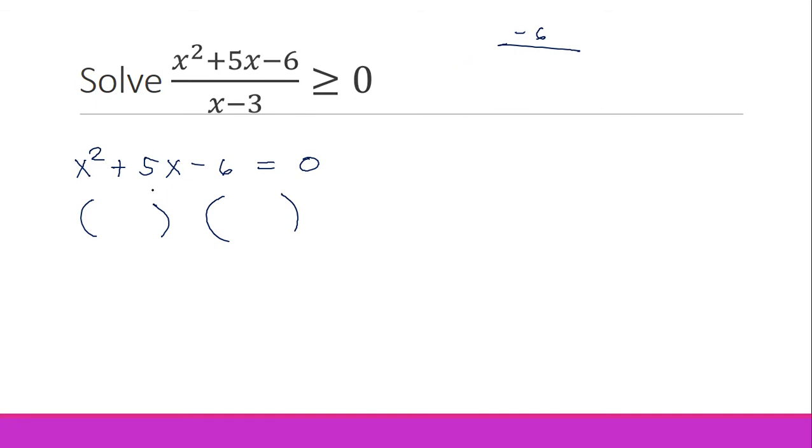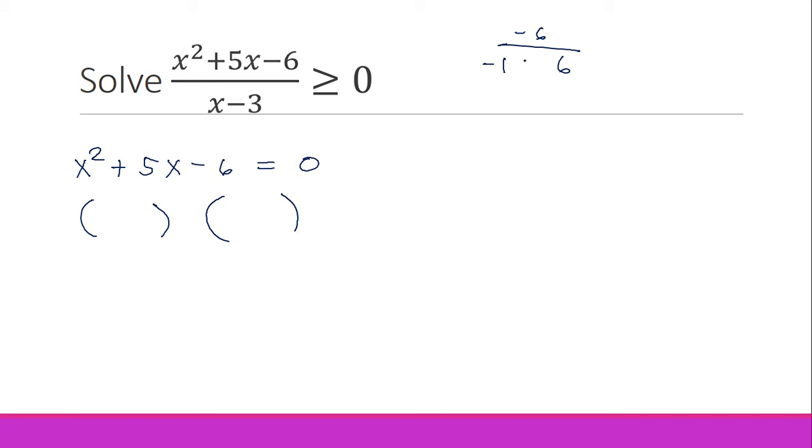Since that is positive, the factor that contains the positive sign will be the bigger factor. Between 1 and 6, the bigger factor is 6. So 6 is positive and 1 will become negative.